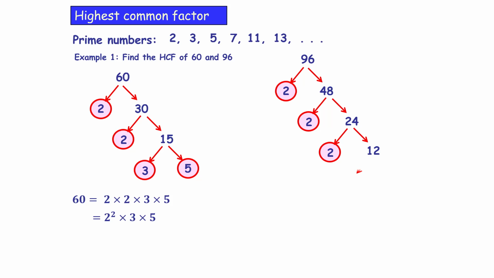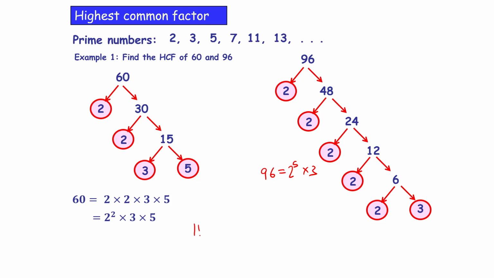Circle the 2, and 2 goes into 12, yep, 6 times. Circle the 2, and 2 again goes into 6. That's a lot of 2's. 3 times. So we can say 96 is equal to 1, 2, 3, 4, 5 2's, so 2 to the power of 5 times 3.